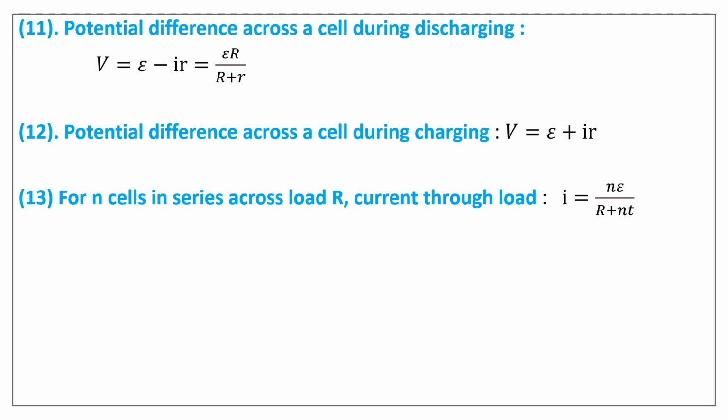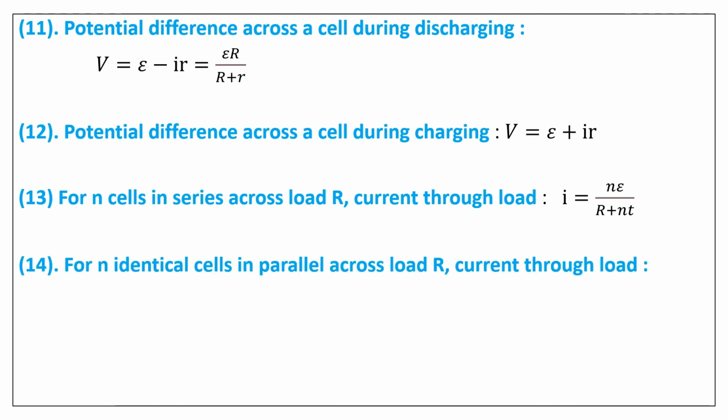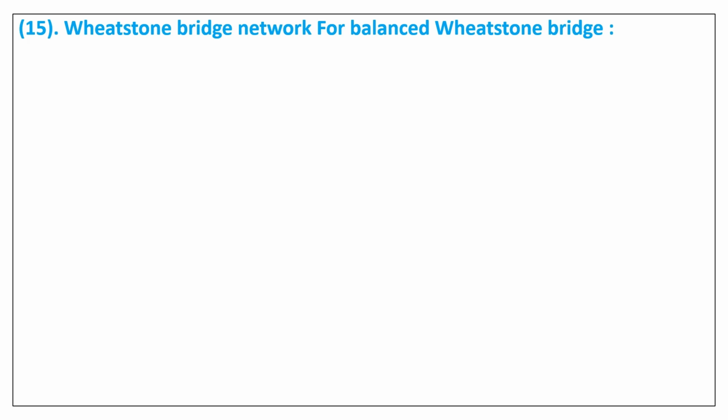For n cells in series across load R, current through load, I is equal to n epsilon by R plus nr. 14. For n identical cells in parallel across load R, current through load, I is equal to n epsilon by nR plus r.